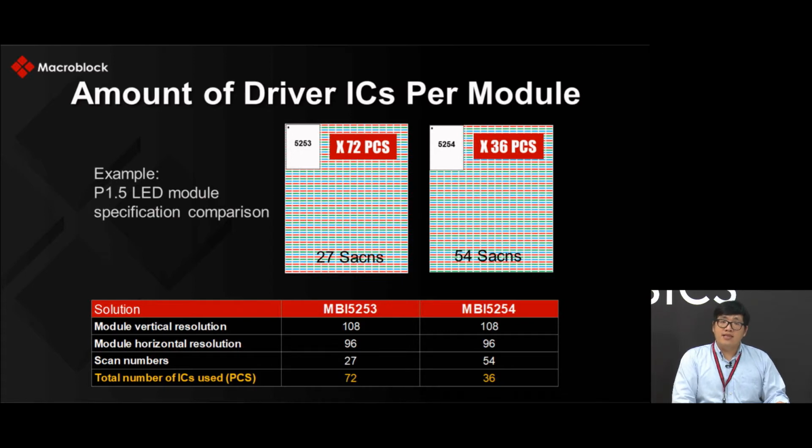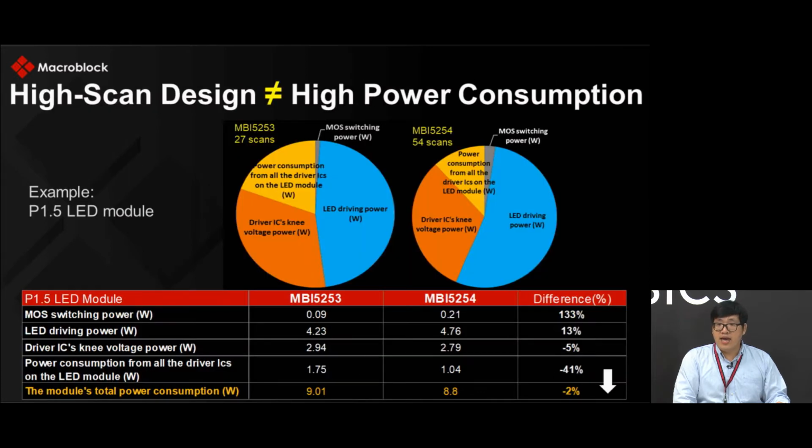And also by the fewer components used, even the 6-layer PCB will be simplified to 4-layer PCB. And we will have a power consumption pie chart here. The total power consumption from the driver is reduced by 41% with MBI 5254.